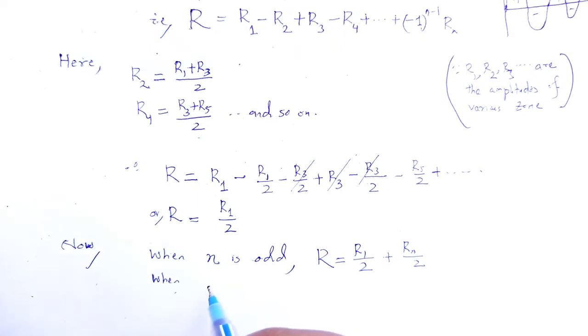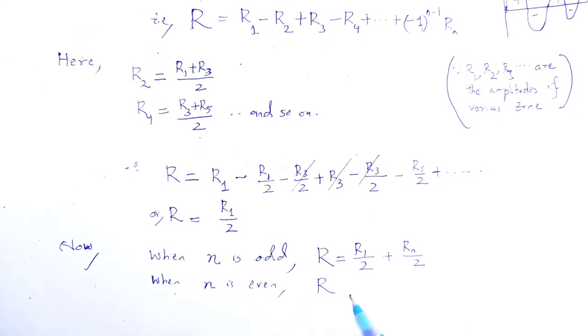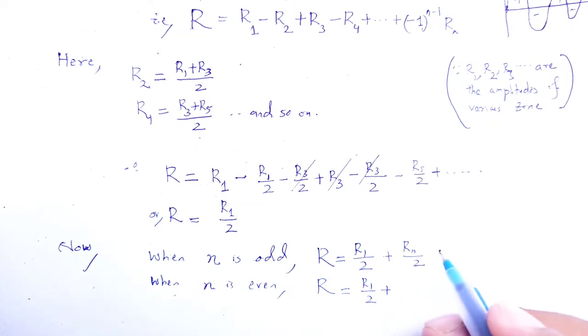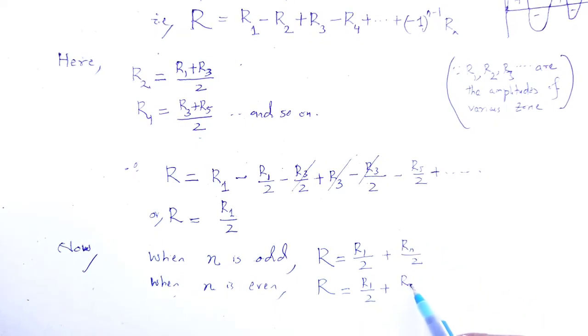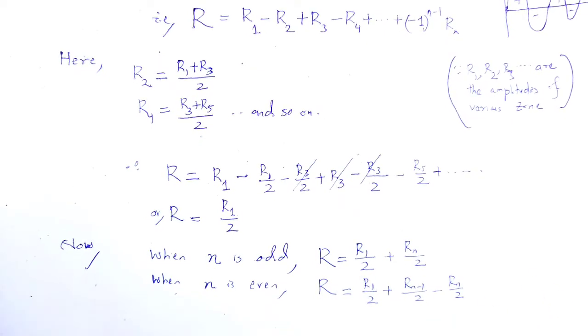When n is even, the resultant amplitude R is equal to R1 by 2 plus the last two terms, that is Rn minus 1 by 2 minus Rn by 2.